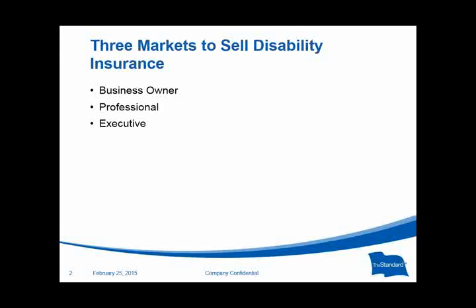The executive is probably the hardest sale in my mind, because it's hard for them to see the disadvantages of LTD. And when I'm talking executive, I'm talking about any employee who's making $100,000 or more and has group LTD and doesn't realize it's taxable, doesn't realize it's not portable, doesn't realize that the definitions are usually pretty severe.